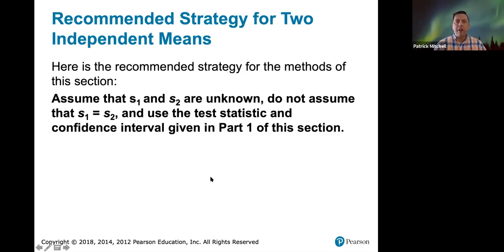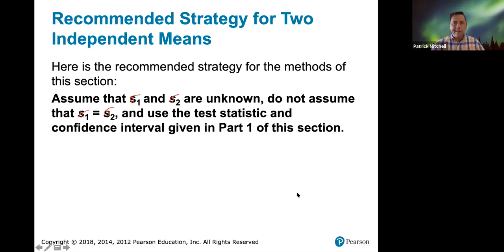The recommended strategy, though, is to assume that sigma 1 and sigma 2, whoever typed this, I'm just going to put S's here to start with, and they'll go back and change them to sigmas, and then they forgot to do that. Assume that sigma 1 and sigma 2 are unknown. Do not assume that they're equal. These are sigmas again, because remember, we can always calculate S sub 1 and S sub 2.